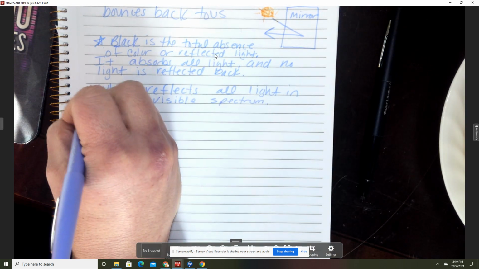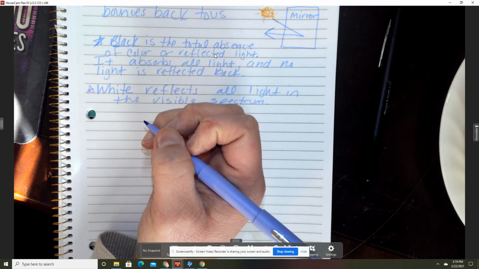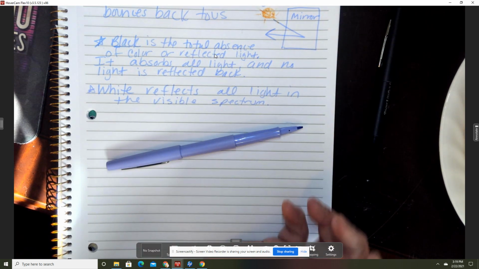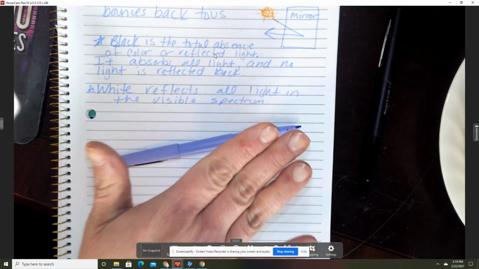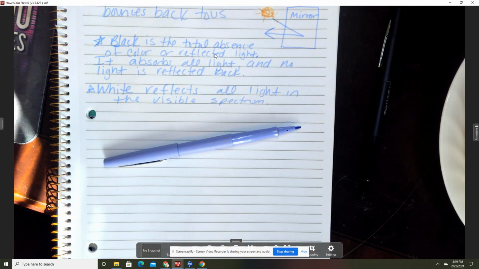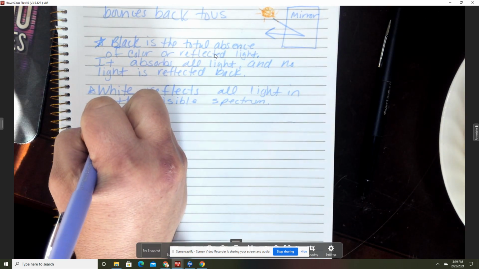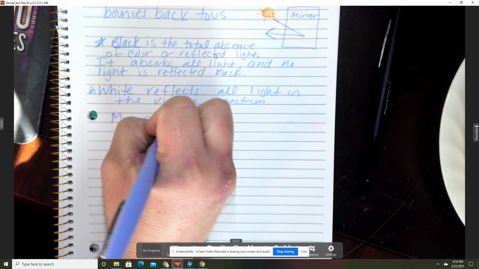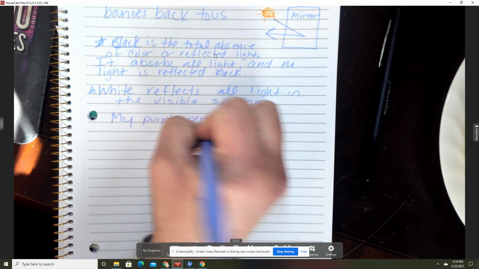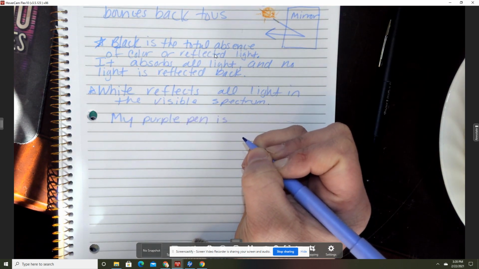But now colors, like if you have my purple pen, all of the other colors are being absorbed, but purple is reflecting back. And absorb means to take in.